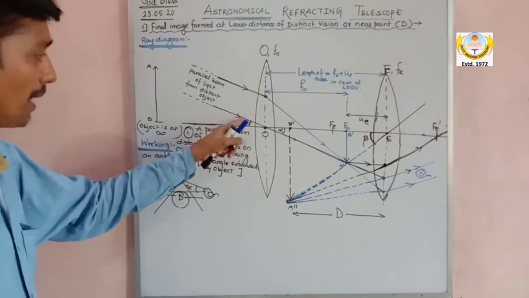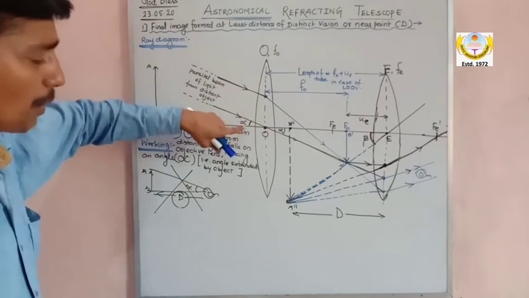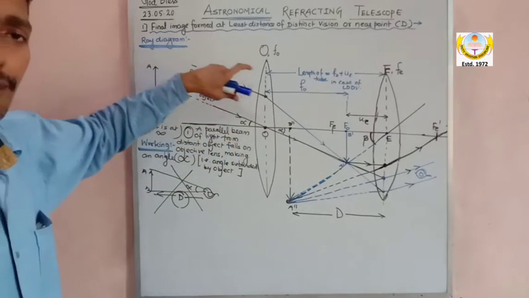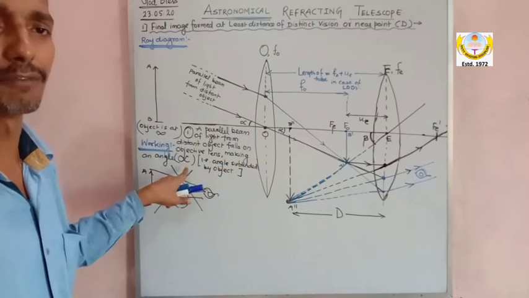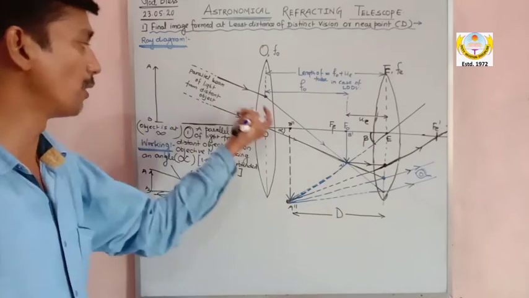In telescope we follow that our object angle alpha is made on the objective lens itself. I have written this: a parallel beam of light from the distant object falls on objective lens, making an angle alpha. And that angle alpha, everybody knows, is the angle subtended by the object.